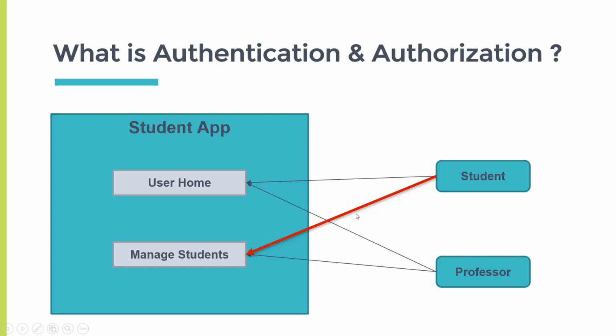And there comes authorization, that is, which page, basically which module of your application, is allowed for which type of role: student, professor, admin or anything else. So that is authorization. The first step is authentication, and authorization comes after authentication, and authorization is always associated with the roles. So this is authentication and authorization, or in other words, the difference between authentication and authorization.